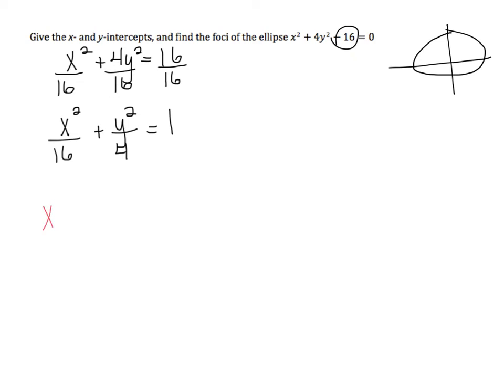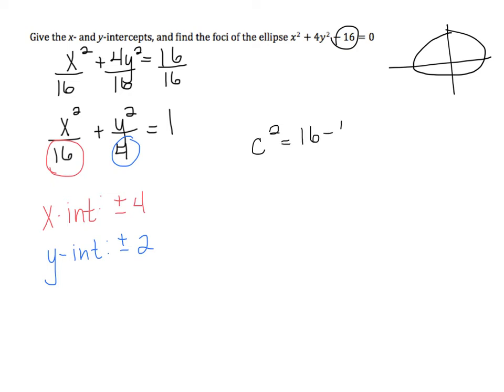My x-intercepts are positive and negative 4 because I take the square root of this. My y-intercepts are positive and negative 2 because I take the square root of that. My foci, remember that's again the harder part to do. We need to find c, and we know that c squared is equal to a squared minus b squared.